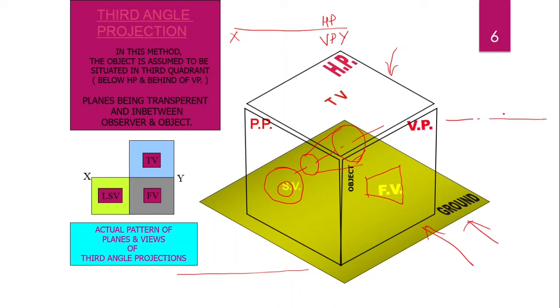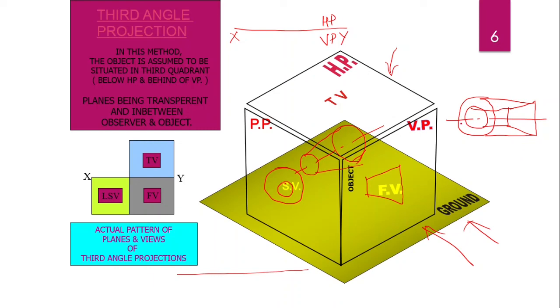This is the center line, the chain line, and two concentric circles like this, and the trapezium like this. This is the representation of third angle projection. Here the two concentric circles must be at the LHS of the trapezium.